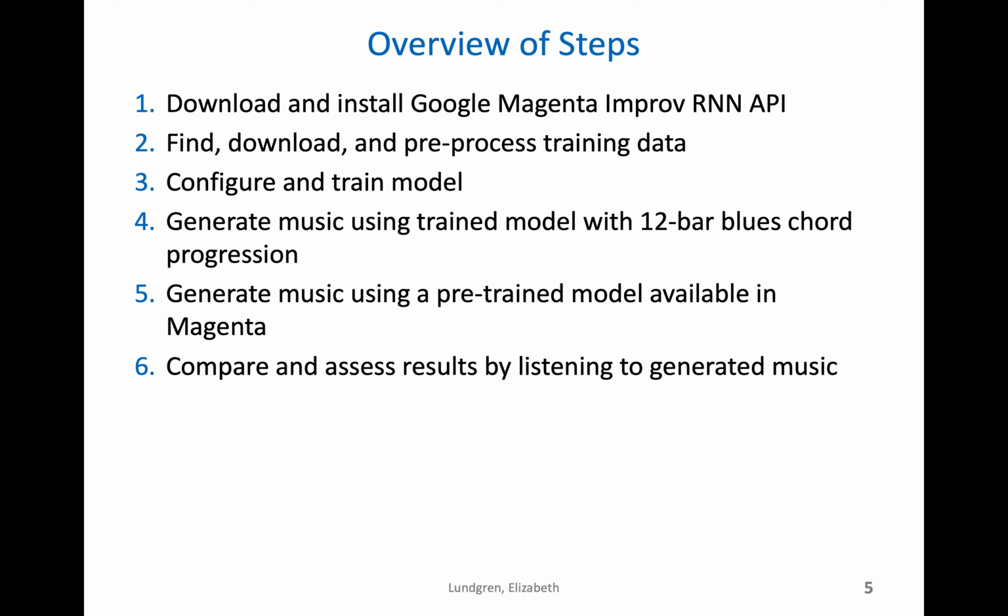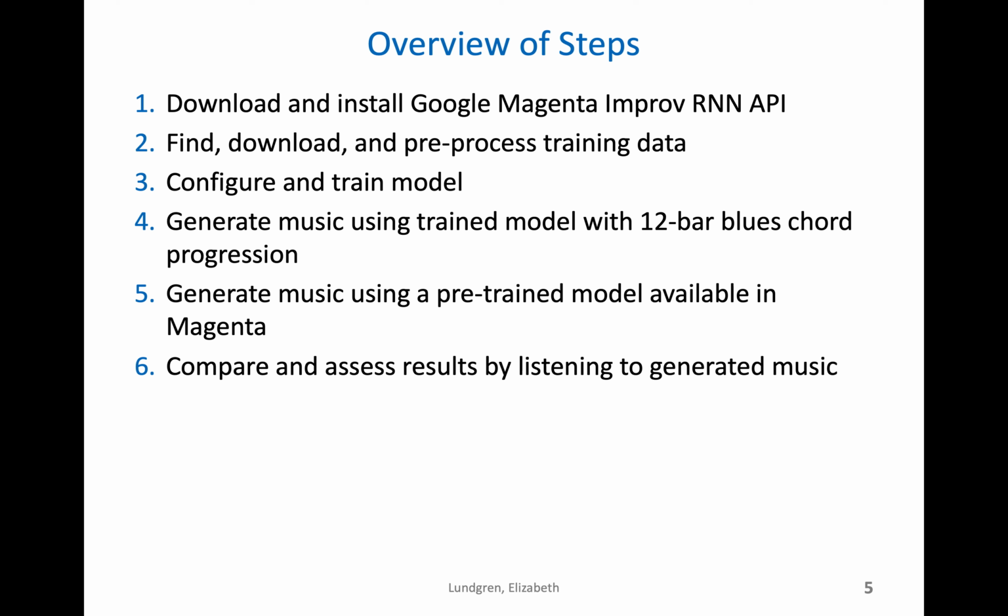Next, we're going to configure and train the model. And then, once we have our trained model, we can generate music using the 12-bar blues chord progression and some initial conditions. I'm also going to download the pre-trained model that's available on Google Magenta and generate music using that.